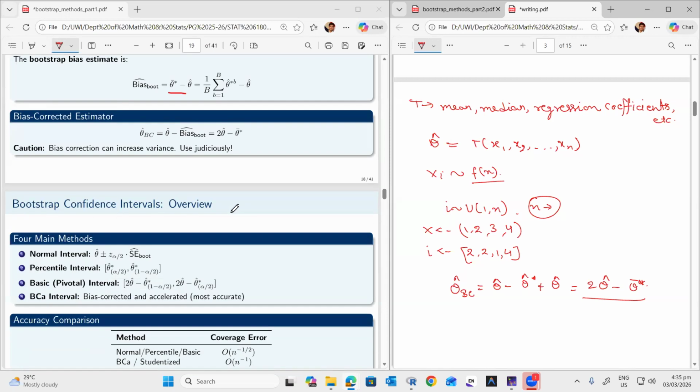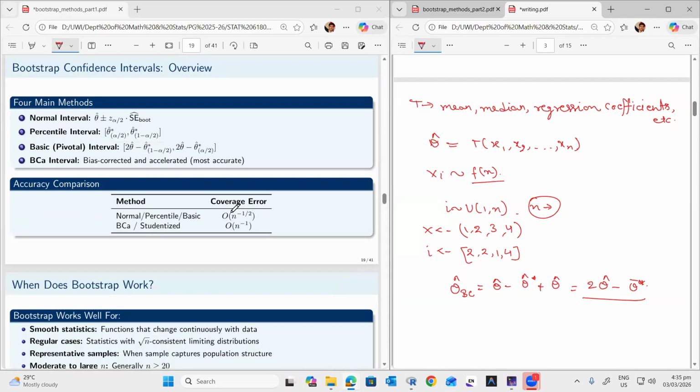So now we come to the bootstrap confidence intervals. For the normal interval, the asymptotic normal confidence interval, the formula is similar to the asymptotic confidence interval that we already had: theta cap plus minus z alpha by 2 times the bootstrap standard error. And for the percentile interval, that is theta cap star alpha by 2 and theta cap star 1 minus alpha by 2, that we used in our R code.